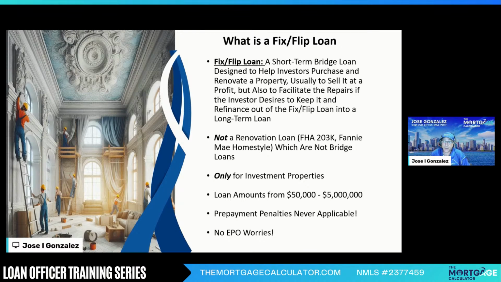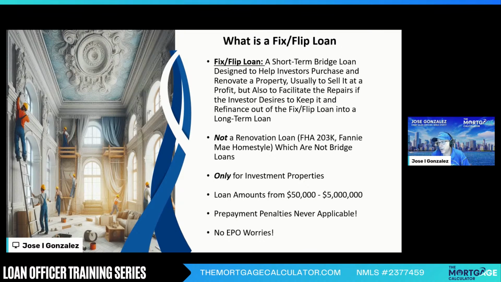Loan amounts are anywhere from 50,000 to 5 million. Prepayment penalties are never applicable. And most importantly, contrary to the situation you would have with one of the traditional renovation loans mentioned above, you will never have any EPO worries.